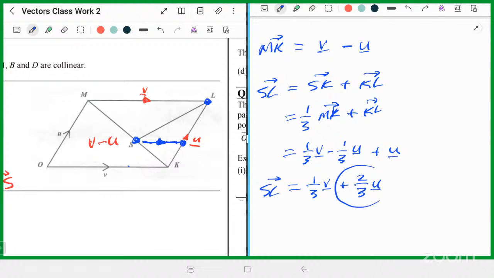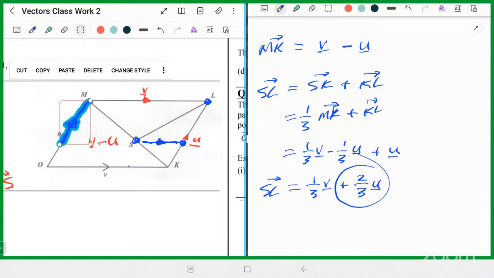And then this 2/3 U now means 2/3 this way. So then let me do it now. So this is a whole U. I don't want a whole U, I want 2/3. So I divide into 3 equal parts again. 2/3 will be this. So that is your 2/3 U. I'll copy this across.